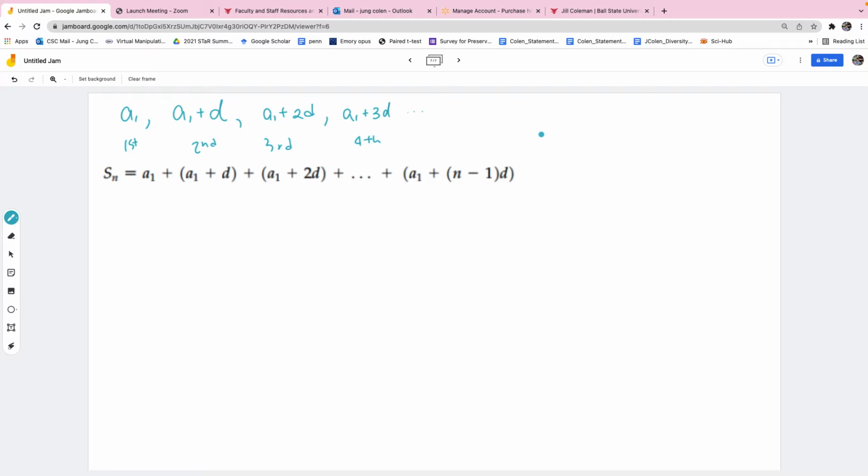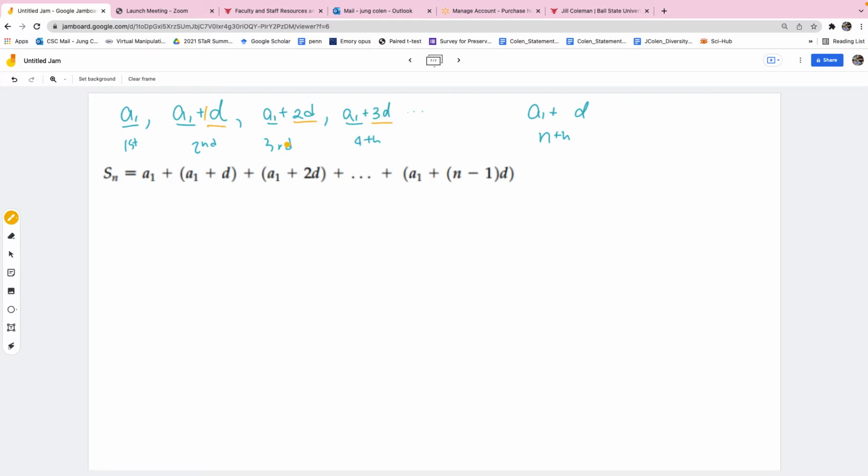Then think about what could be the nth number and examine the pattern. What is fixed? a sub 1 is fixed. So I know that the nth number will have a sub 1 plus something times d, right? Something times d is added. So I'm going to examine that and see that, oh, this is 1d, this is 1d, this is 2d, this is 3d.